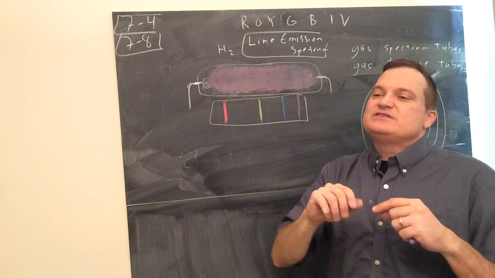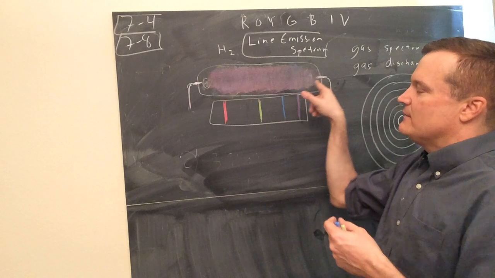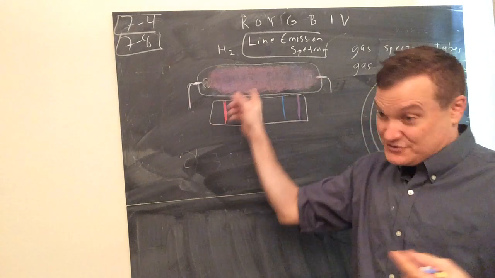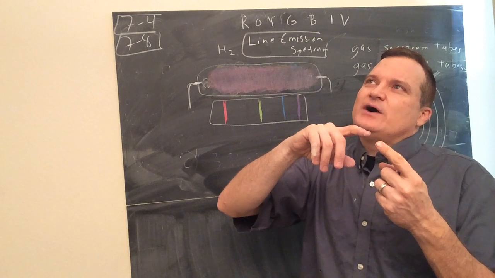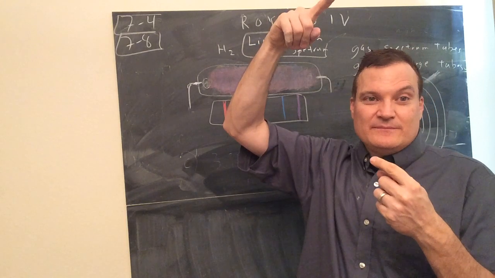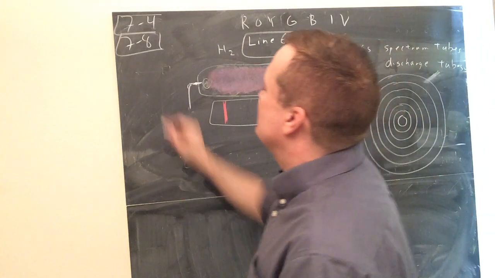The electricity powering the neon light bulb, or the hydrogen light bulb, is going to cause the electron to jump up, and then it's going to fall right back down.